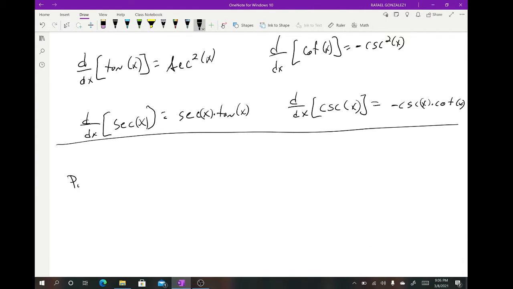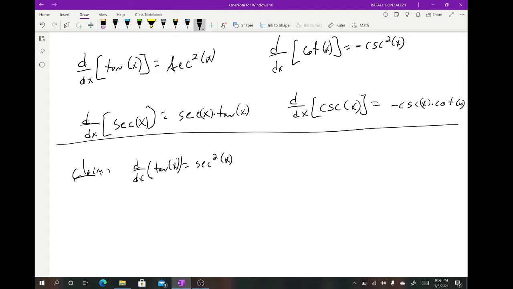Now let me show you the proof of the first one, of tangent of x being equal to secant square x. So the claim that we're making is that the derivative with respect to x of tangent of x is equal to secant square x.